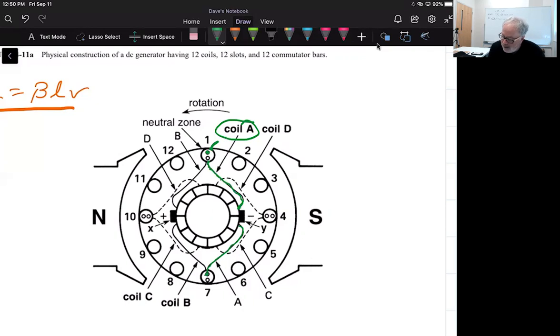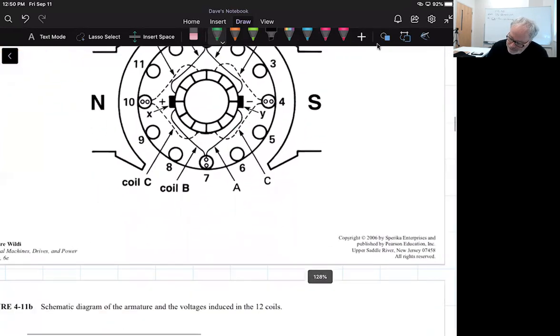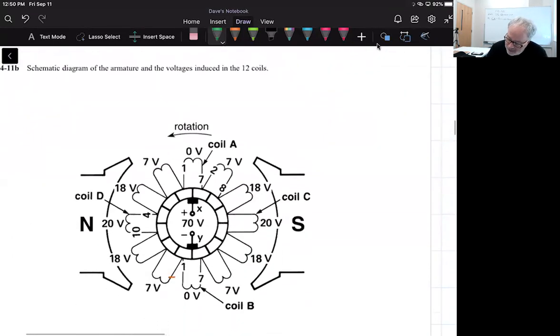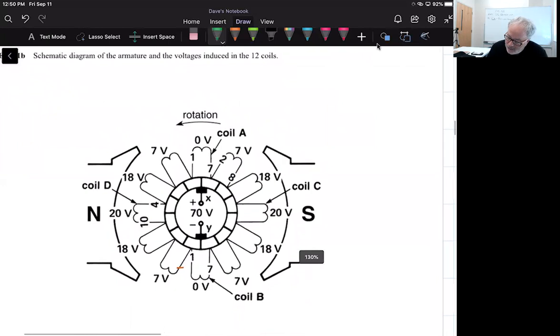We see this connection between the coil and the commutator segment, and it happens 12 times on this generator. When we look at 4.11B, here's the schematic diagram of that physical representation, and we're looking right now at coil A.